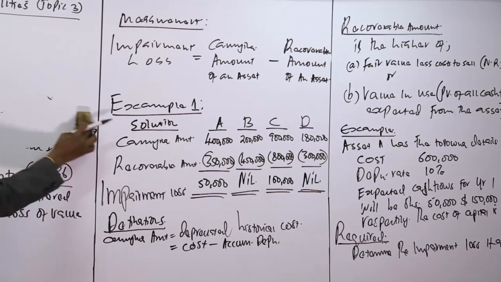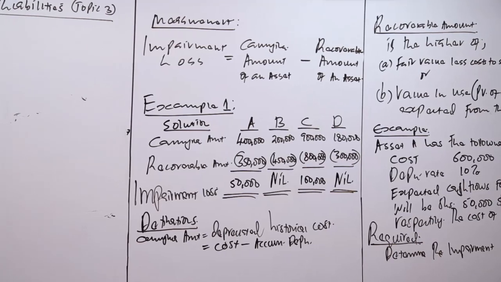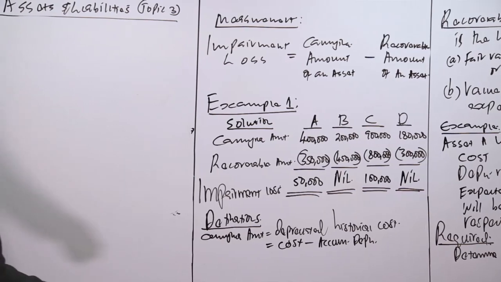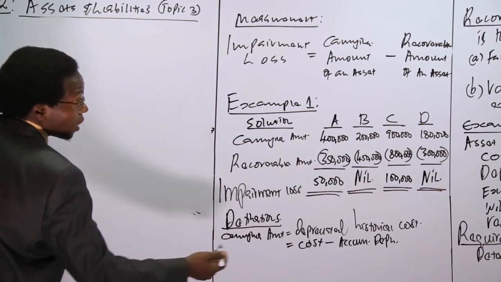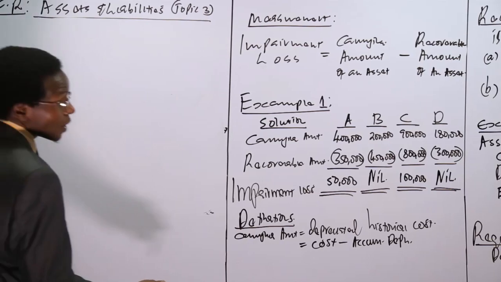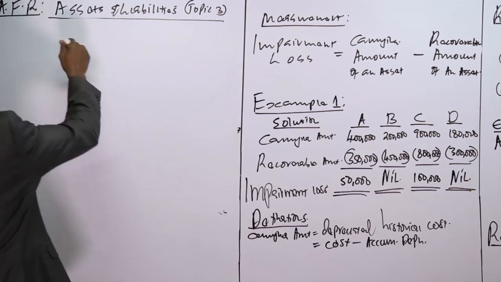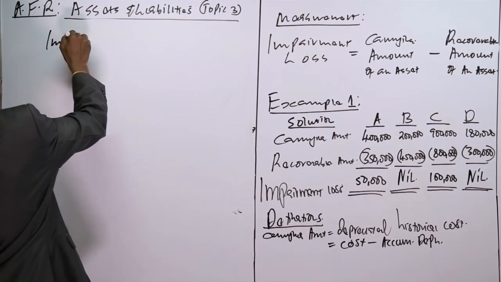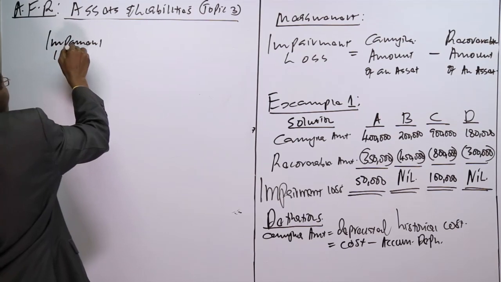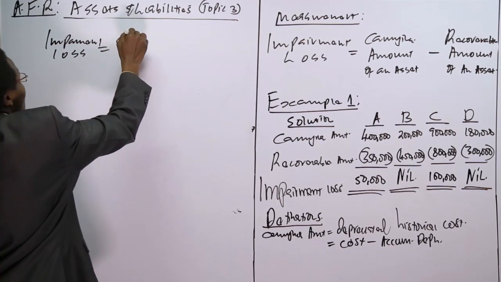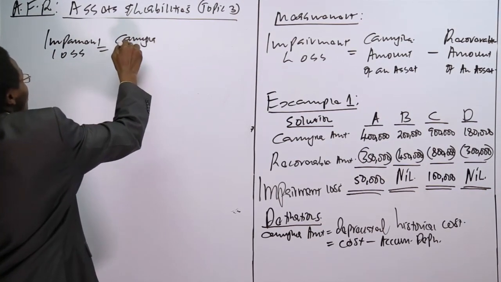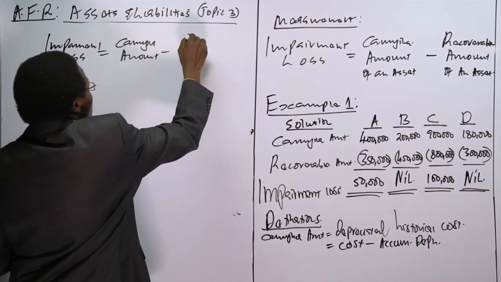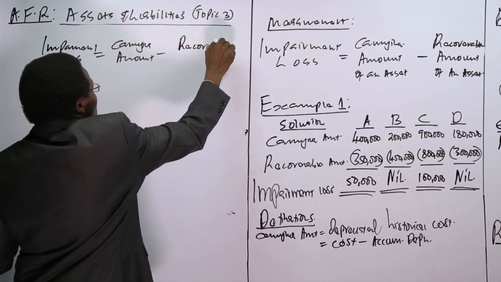So how do we go about it? First, we notice that we can compute our depreciation. Let's determine our impairment loss, which is simply equal to the carrying amount minus the recoverable amount.